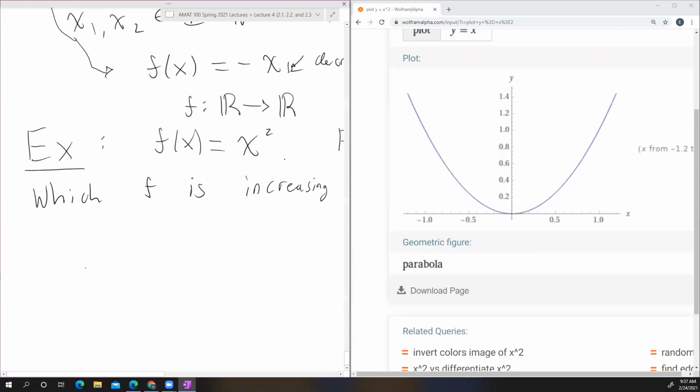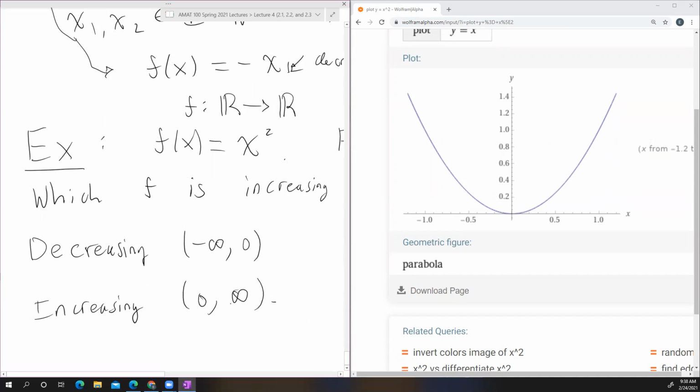So 0 is where the behavior of the graph changes. So it's decreasing on the set negative infinity to 0, and it's increasing on 0 to infinity.